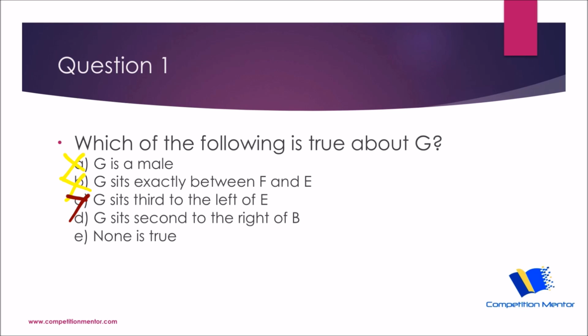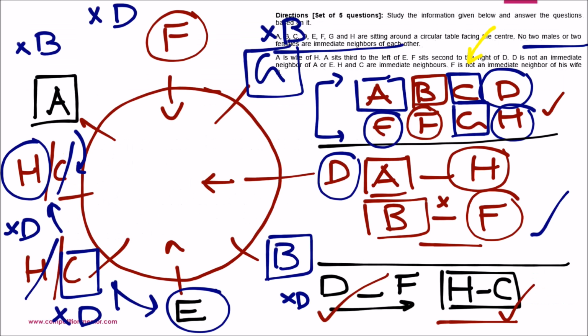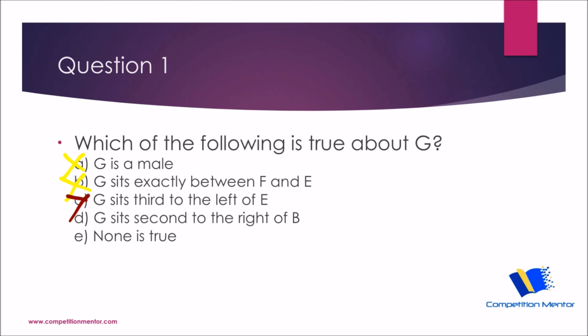G sits second to the right of B. B is here, and you can see 1 and 2. So that is true. So the correct answer to that question is D, none other, and hence you can see how we got it from the diagram. G sits second to the right of B is the correct answer.